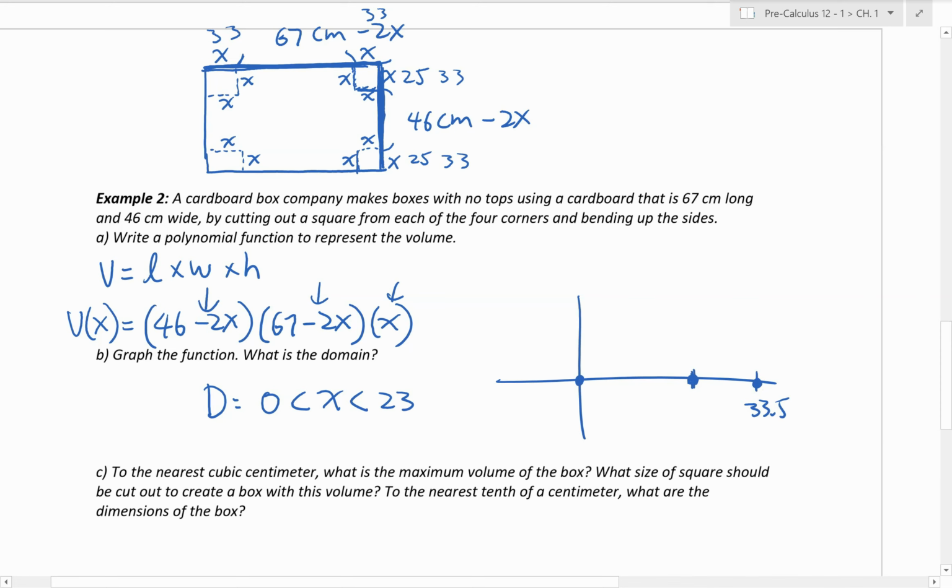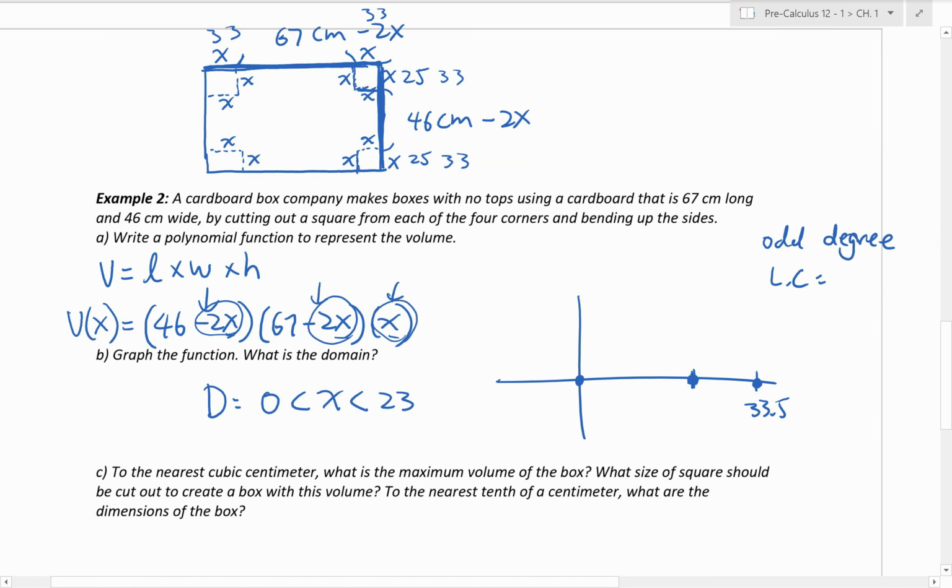Now this is a cubic function. You can see that's x times x times x. So this is a cubic function because it's degree 3. So this is odd degree. Is this a positive or negative leading coefficient? Well, that's negative 2x times negative 2x, which will give us positive 4x squared, and then times x.